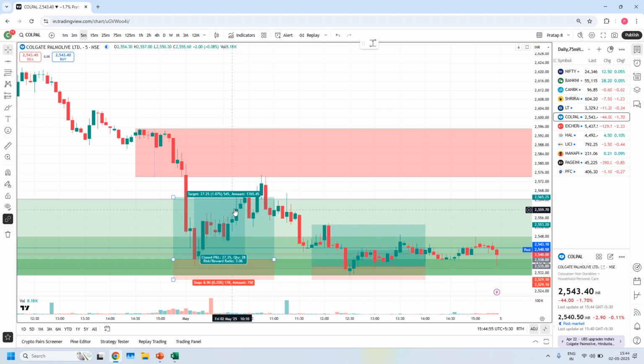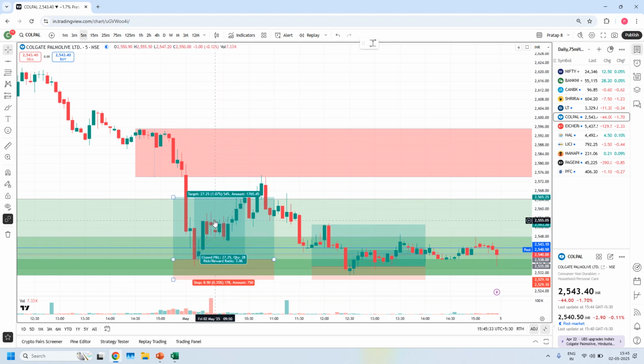This is the 10 o'clock, 15 minutes candle itself. It reached 1:3 RR. That way you might have booked the profit. Still you might have achieved more than 6% ROA. Why? Because the risk itself is close to 2%. The risk of this zone, including stop buffer, is 1.95 or something, close to 2%. So 1:3 means 2 times 3 equals 6, so you would have got 6% ROA.